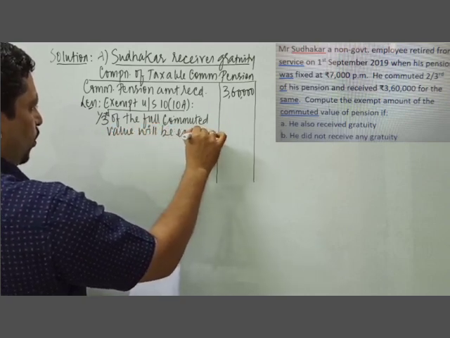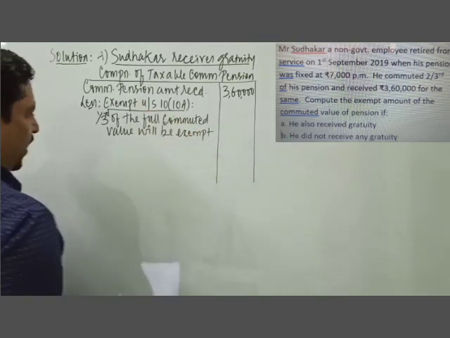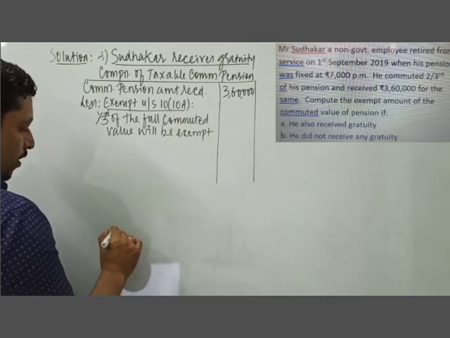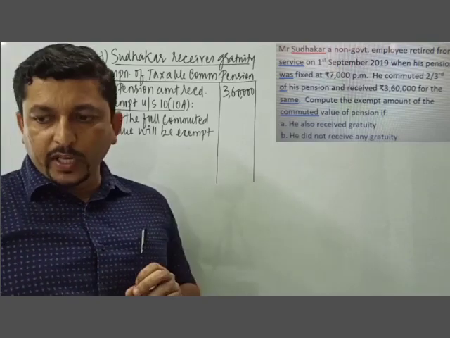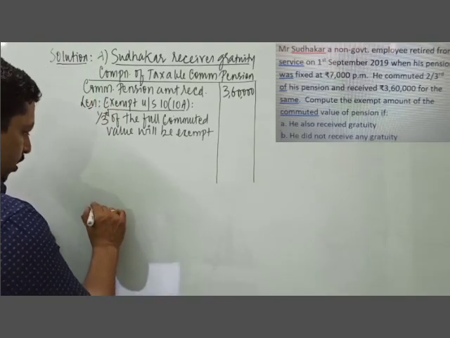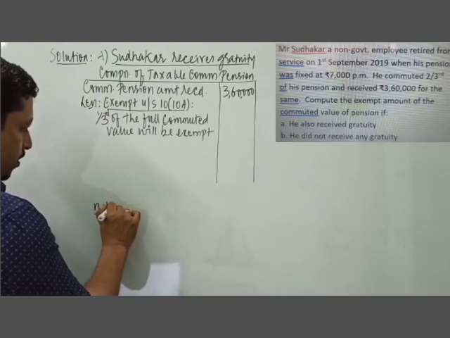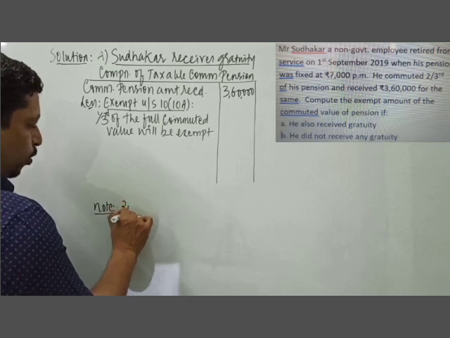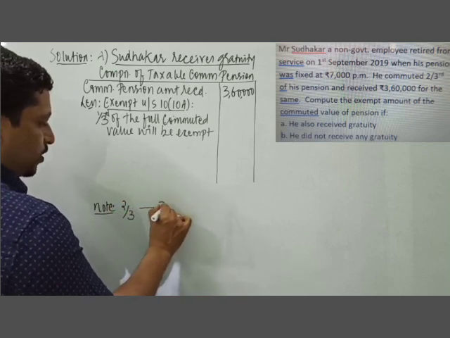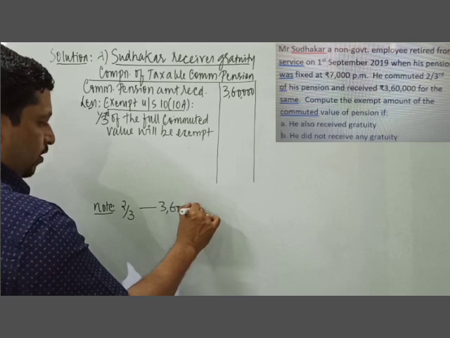Let's take a small note for our calculation. How do we calculate full commuted value? So it's given Sudhakar is commuting 2/3 of his pension and he receives rupees 3,60,000.